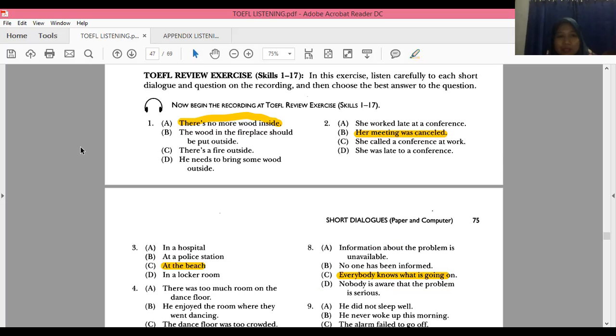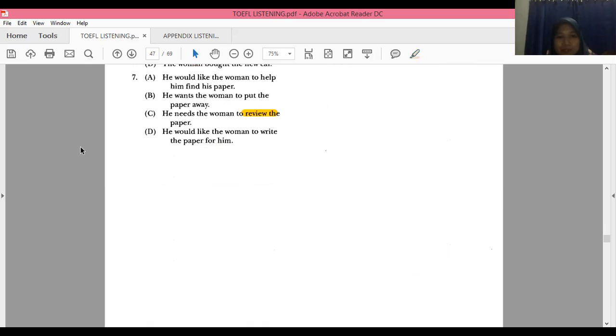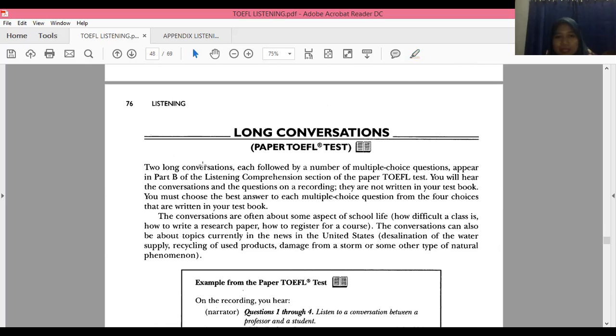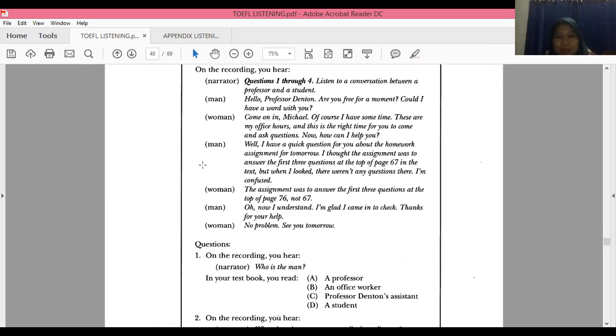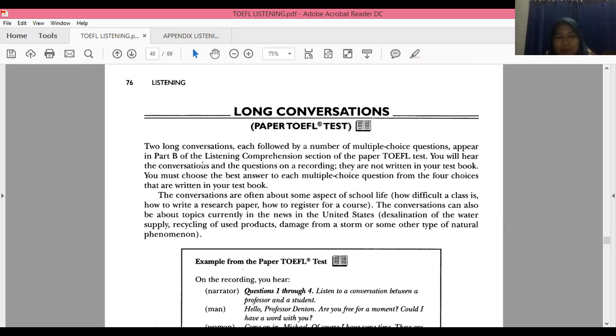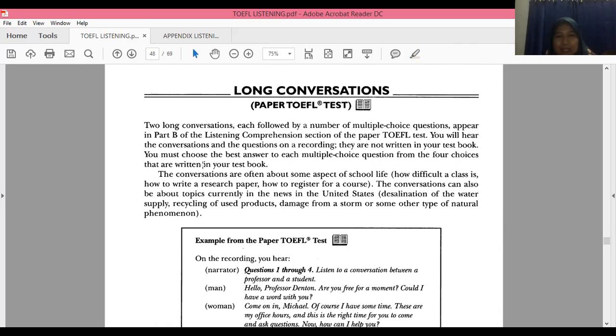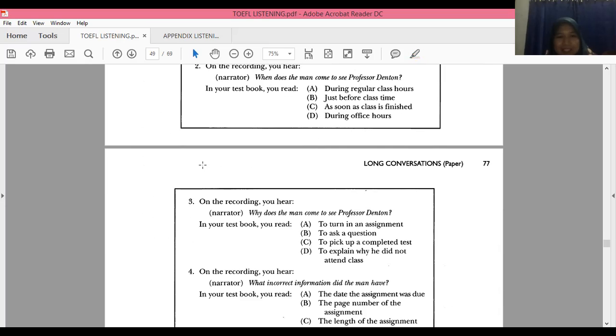Okay, we have reached skill 1 until 17. And next week, we are discussing for part B, long conversation. Okay. As I thought that the duration is only 90 until 120 seconds. So it's not that long. Nggak terlalu panjang.